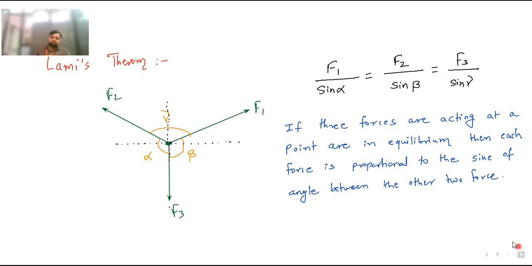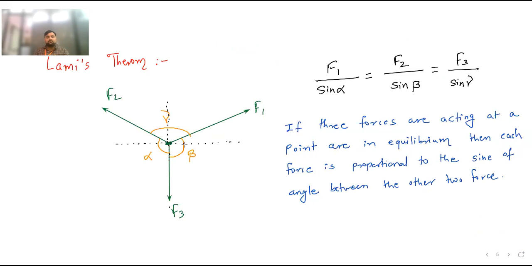So now to prove Lami's theorem, I will consider these three forces which are acting on the three sides of a triangle. Okay, a normal triangle we will take, and we will consider these three forces acting on the three sides of the triangle.